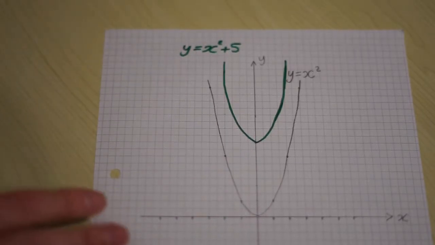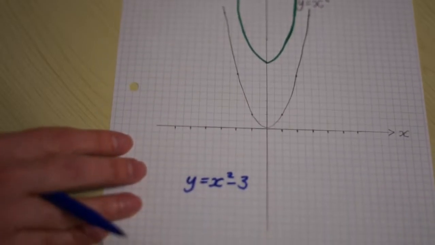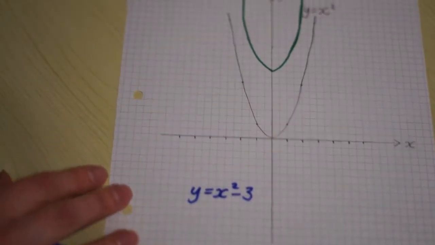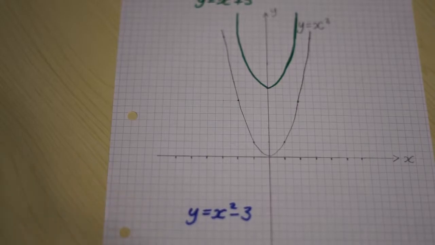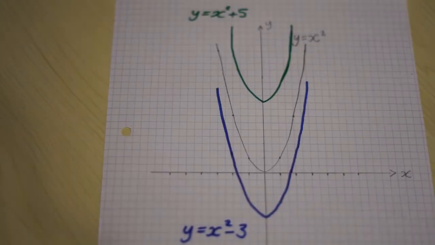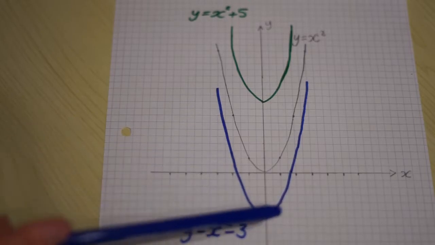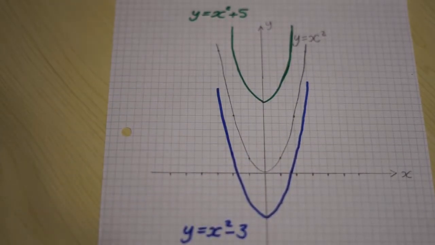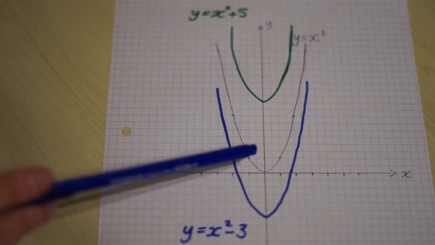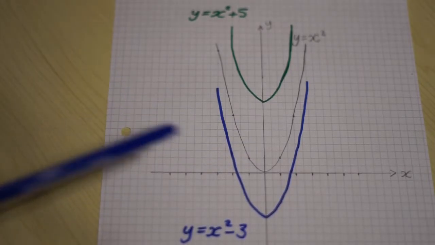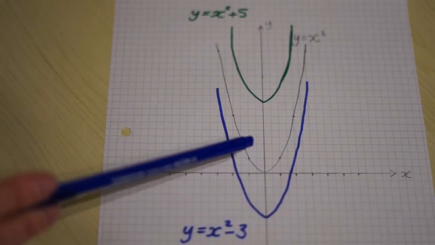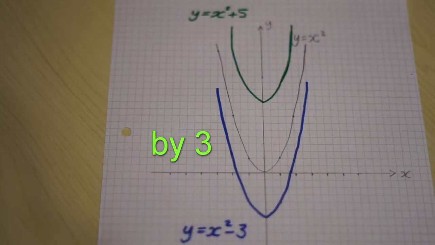If we'd been given y equals x squared minus 3, which I've written here in blue, then it would look like this. We can see it drawn in blue here, and it's a translation of our original graph y equals x squared vertically downwards.